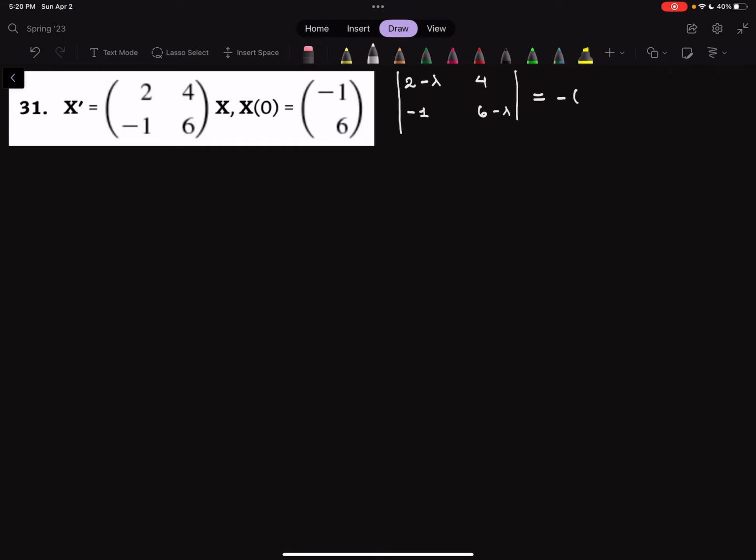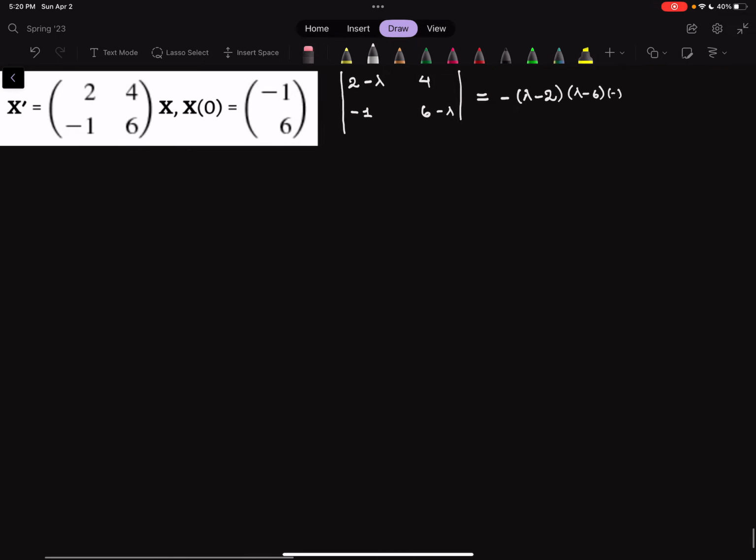We can factor out a negative and we get lambda minus 2 times lambda minus 6, factored out another negative, minus 4 times negative 1. All of that has to be equal to 0. Now these two negatives go away, and here we'll have lambda squared.